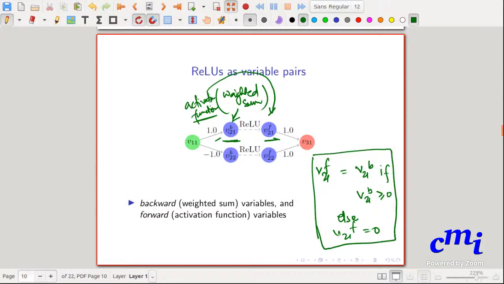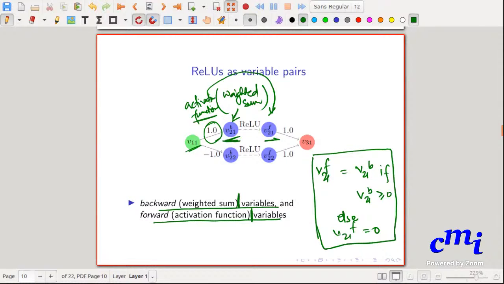The rest is very simple. So how is V21B calculated? V21B is V11 into 1. Okay, so this is what you do for every ReLU node, and we assume that there are only ReLU nodes and ReLU is the only activation function. So you have these backward variables, and then you have these forward variables, and you separate the task of computing the weighted sum from the task of applying the activation function.